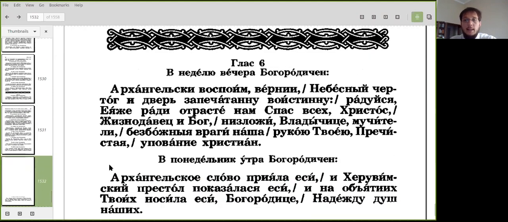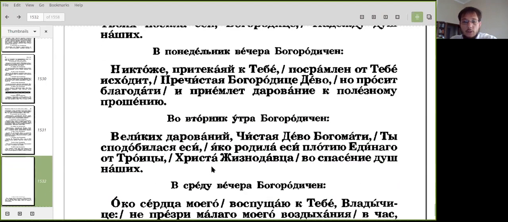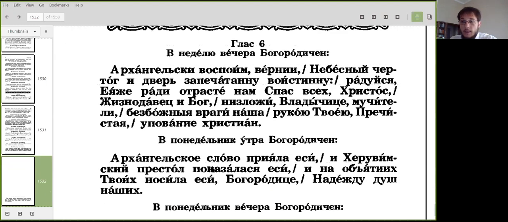And then they're organized by day: Sunday evening, Monday morning, Monday evening, Tuesday morning, and so forth, by day of the week. There's a different Theotokion for each. So let's suppose that the Feast of Saints Cosmas and Damian, July 1st, fell on Monday. This would mean that we're serving Vespers on Sunday evening, so we would take this first Theotokion. Okay.